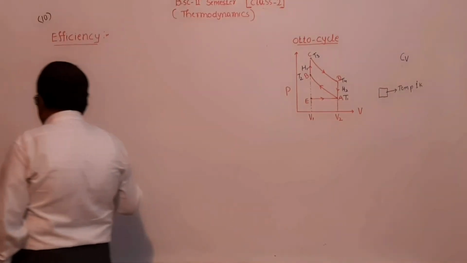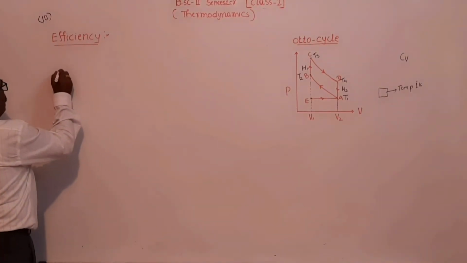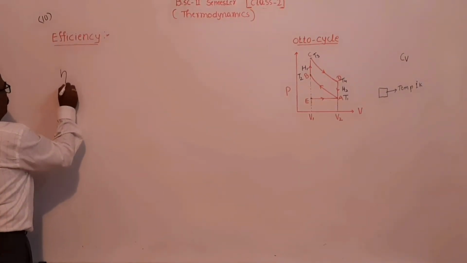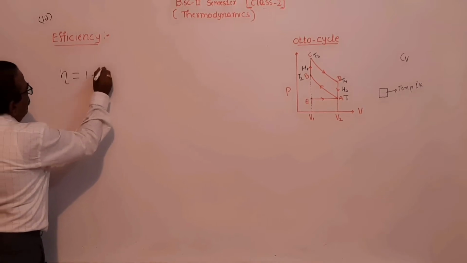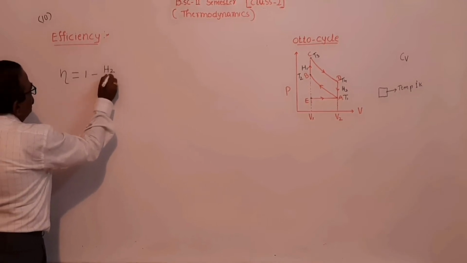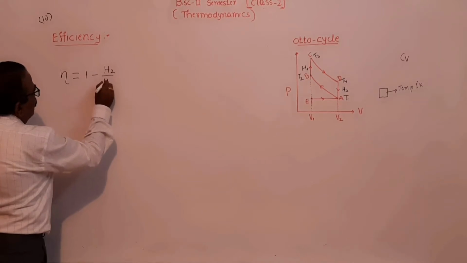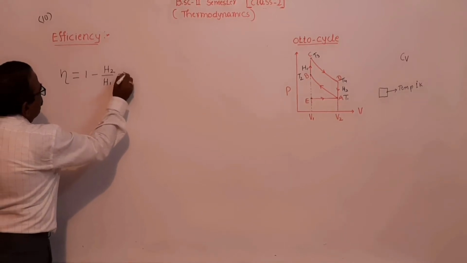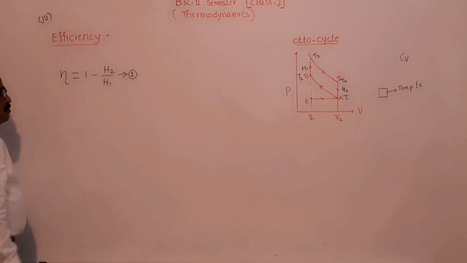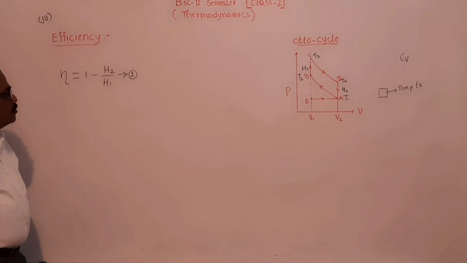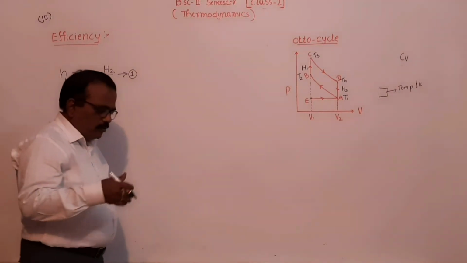You know that the efficiency of any heat engine is given by eta is equal to 1 minus H2 upon H1. Call this equation 1. What is this H1 and what is this H2? H1 is the amount of heat absorbed.